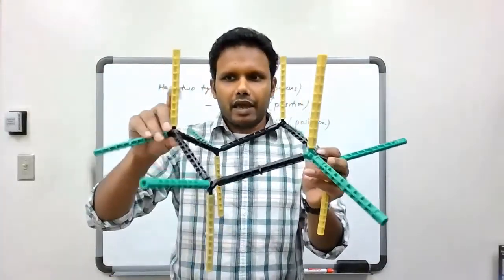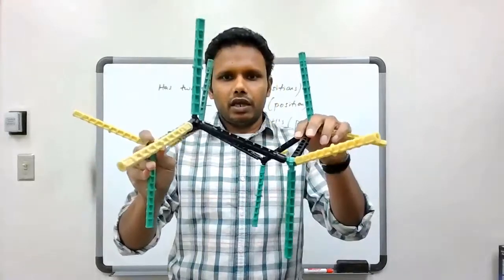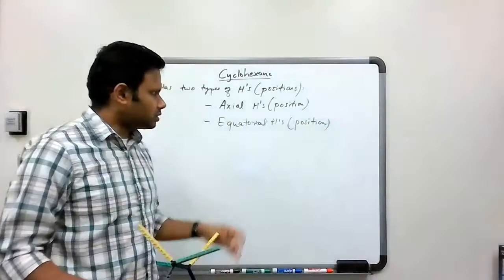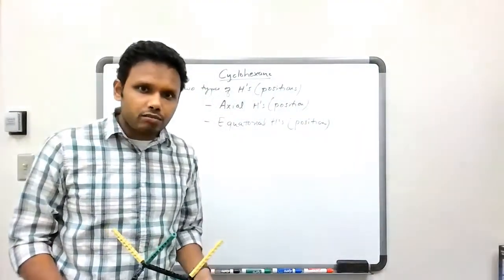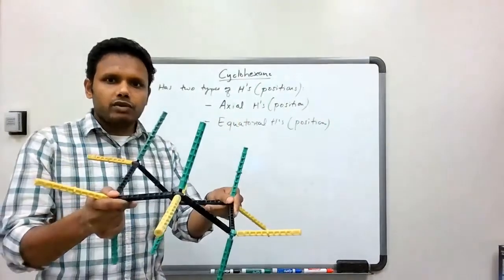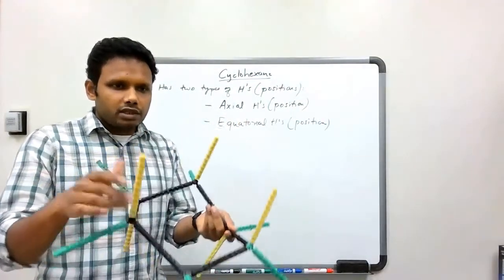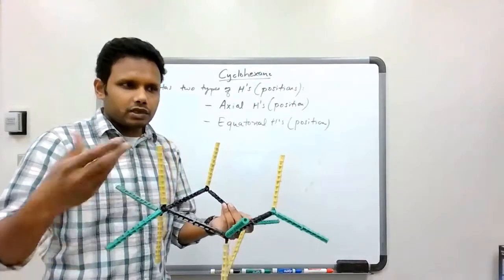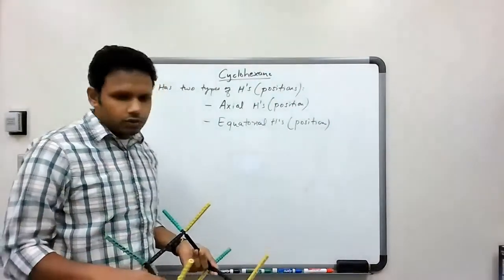You're not breaking any bonds. It's only the ring twisting and going from one conformation to another, but that changes which position the hydrogen occupies, whether axial or equatorial.